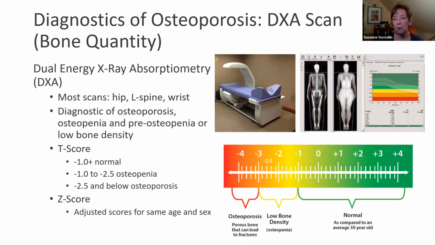The true gold standard that's been used to look at bone health has been the DEXA scan. The purpose of the DEXA scan was never meant to indicate who should be treated or not for osteoporosis.